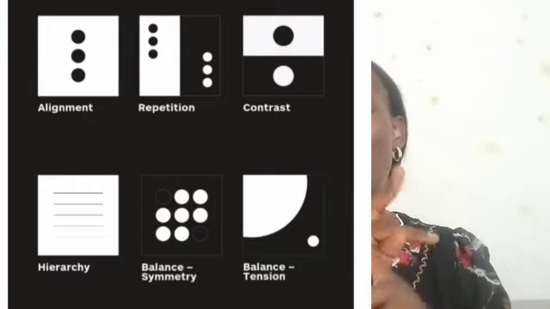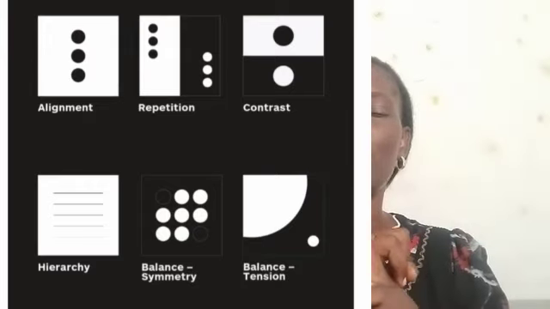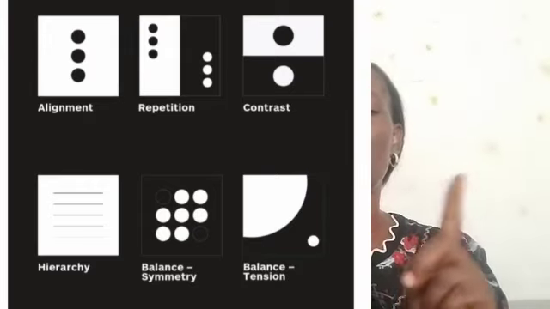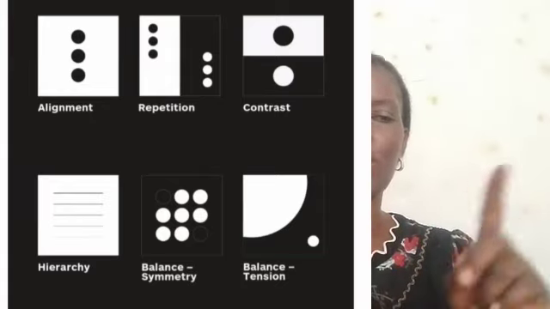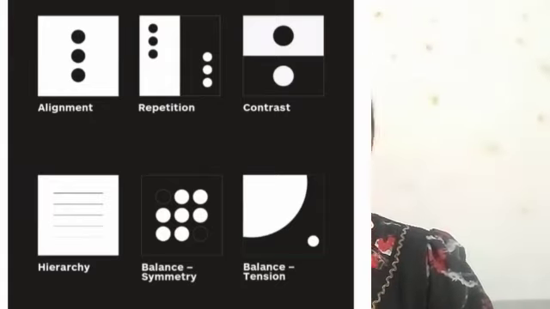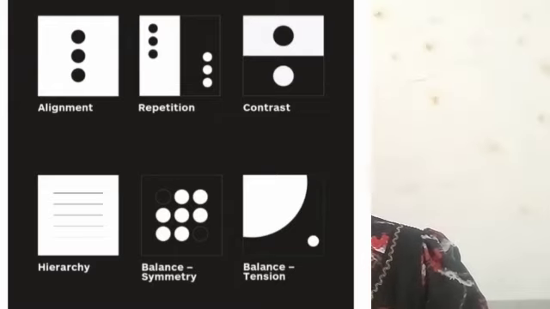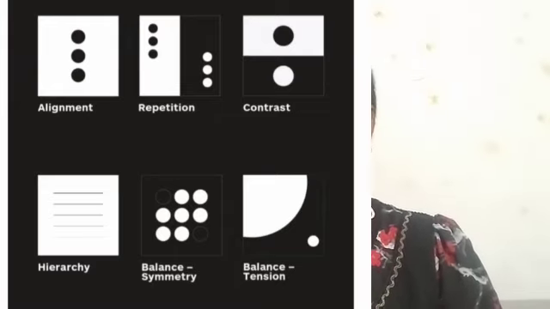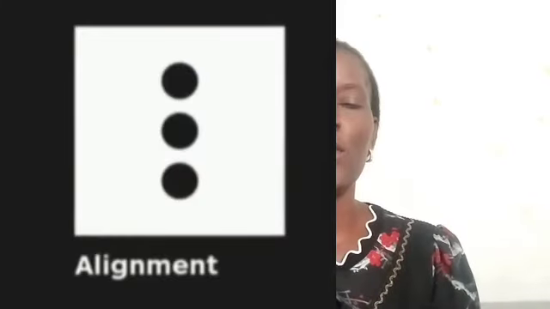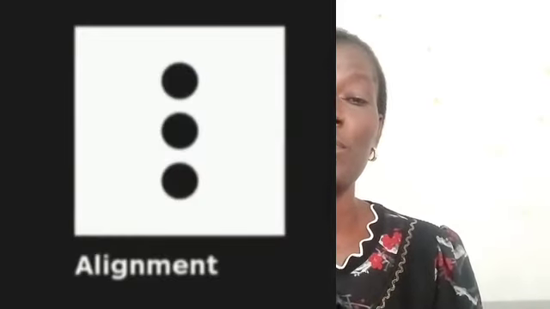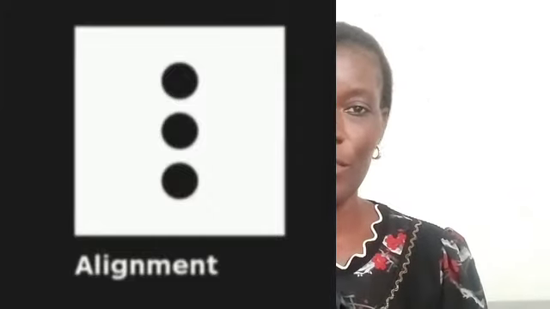Hierarchy. And then the last but not the least is what? Symmetry or balance. So we are going to be picking them one after the other and explaining, right? So let's go.